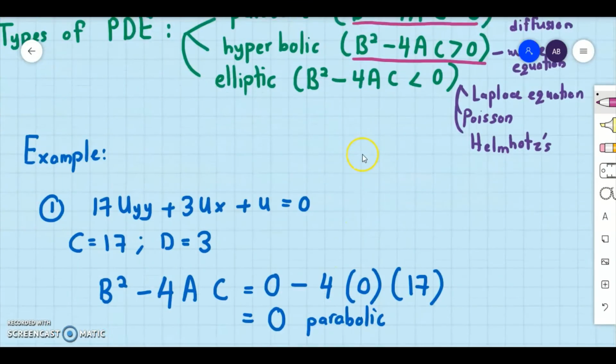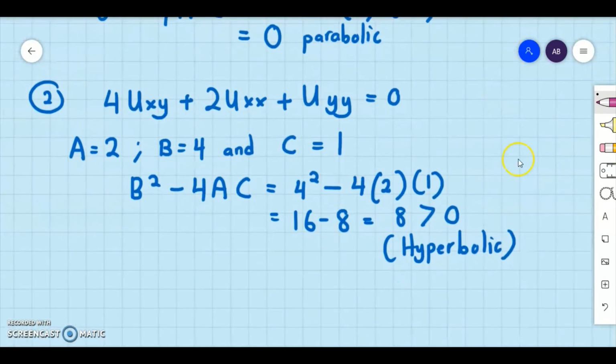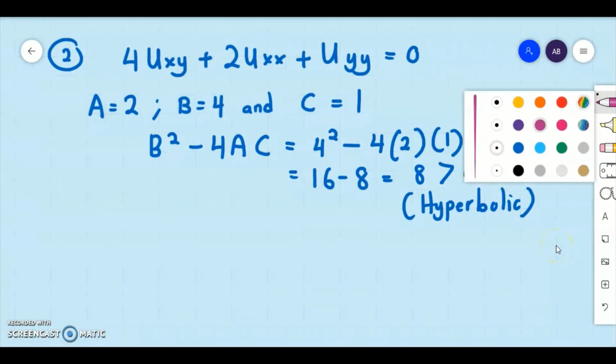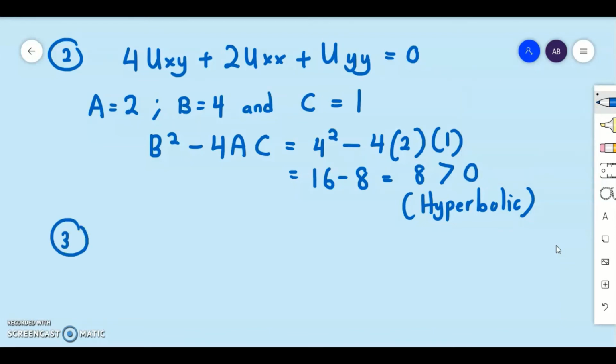Now we can also look at another example given here. So let's look at this example: uyy minus uxx minus 2uxy equals 0.